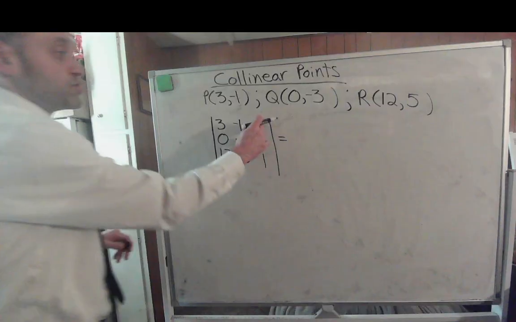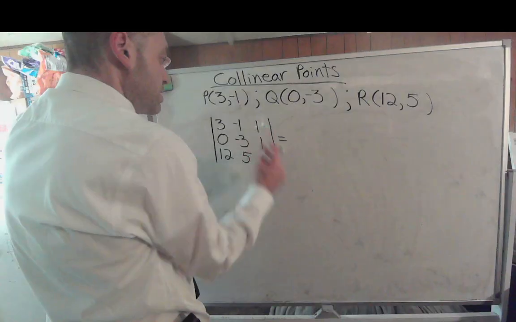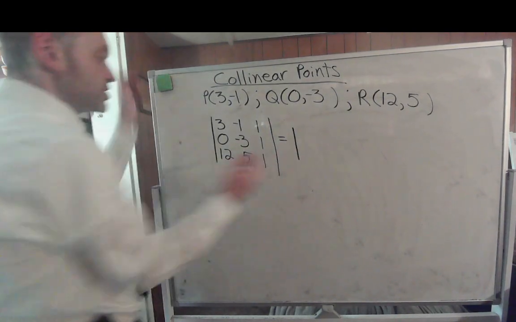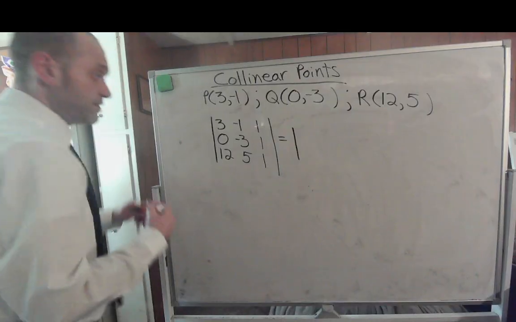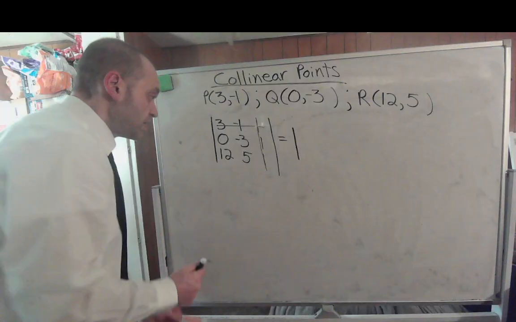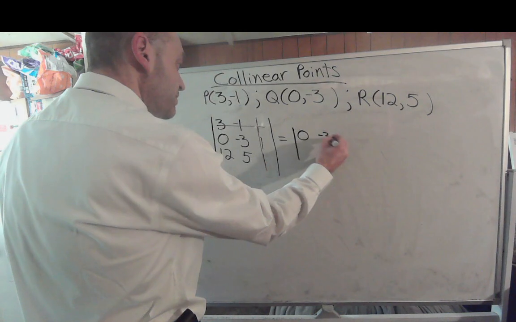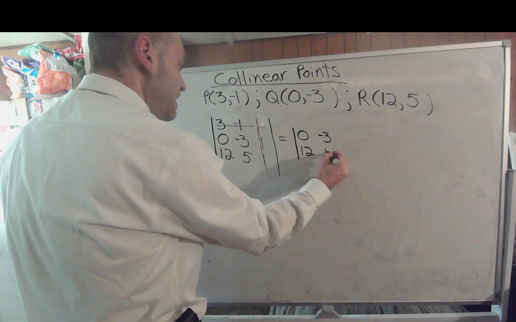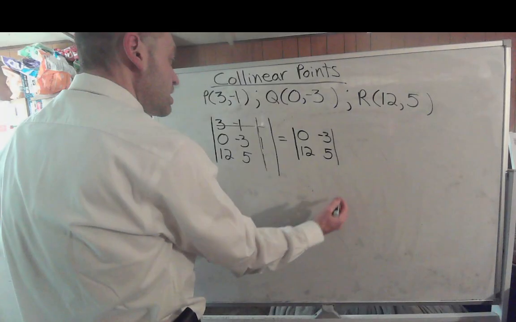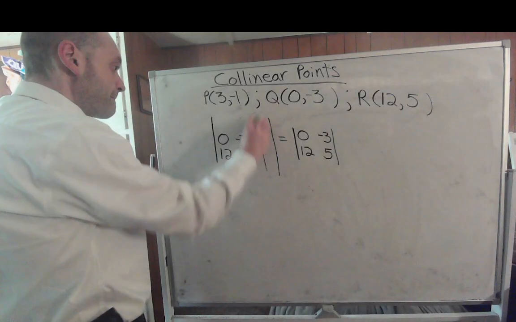Like before, I'll just go down the third column. So that's going to be +1 times the resulting determinant of what's left. When I strike out that row and column where it occurs, I'll end up with 0, -3, 12, and 5. Now we got 2 more determinants to evaluate.